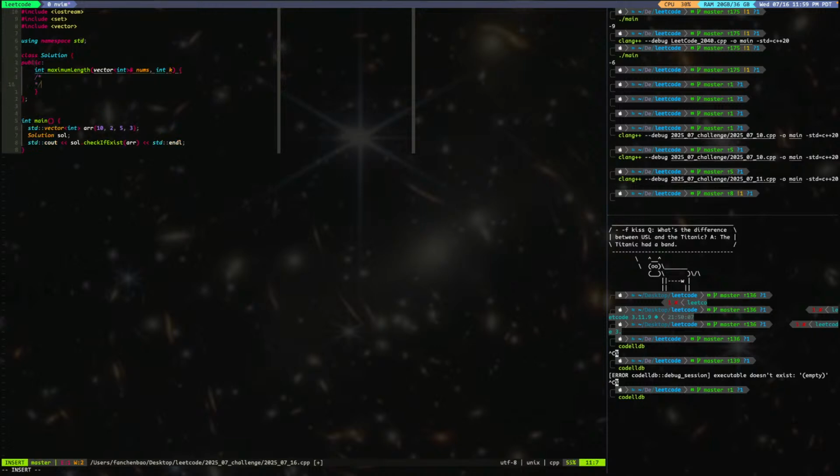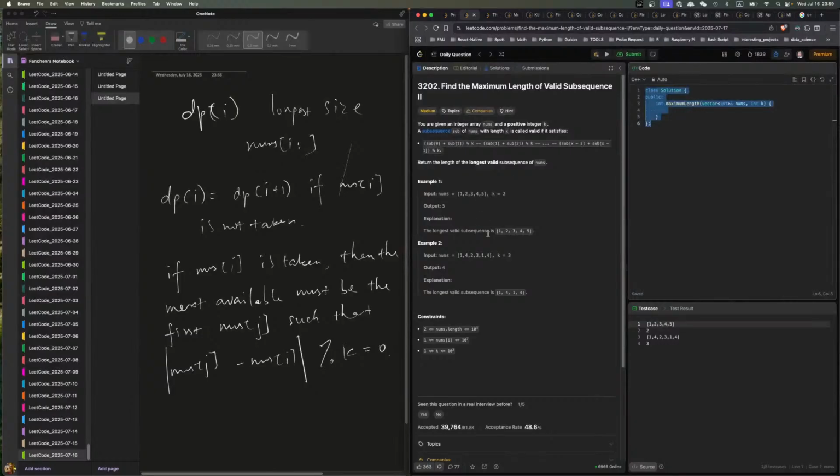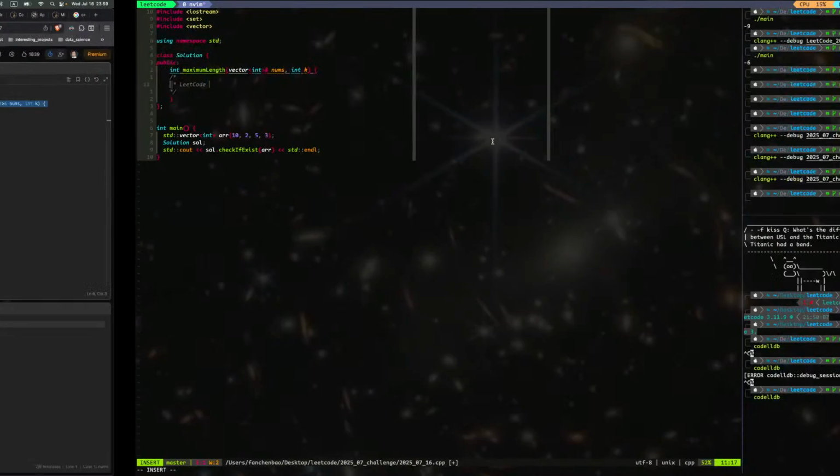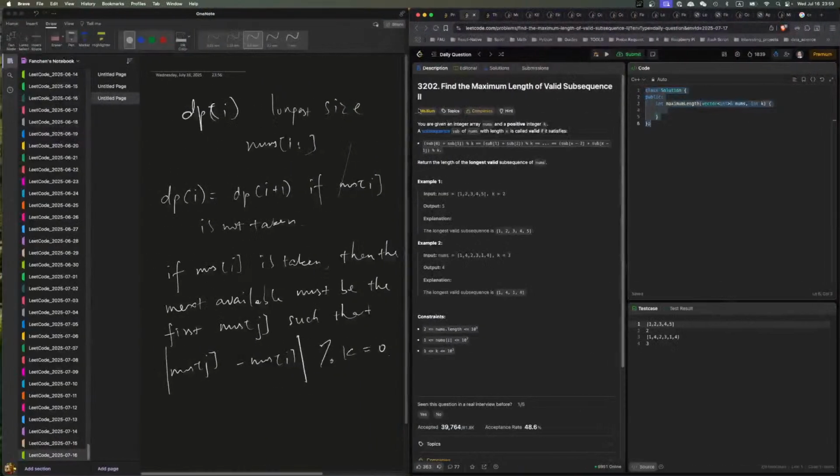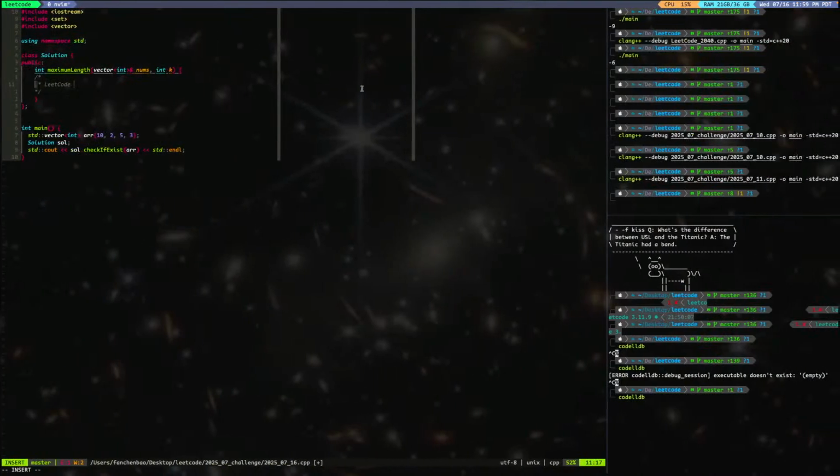It's still greedy, right? So basically we'll try out all different remainders, starting from 0 to 1 to 2, all the way to k minus 1. And for each one, we use greedy to find the longest subsequence. So yeah, that was actually not hard, honestly.